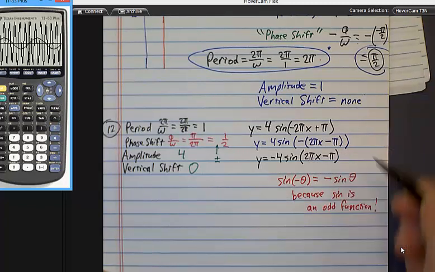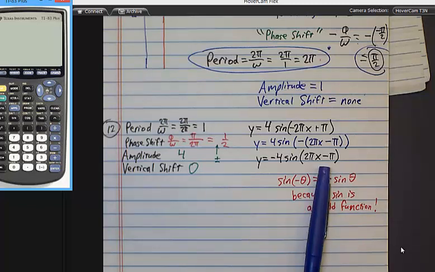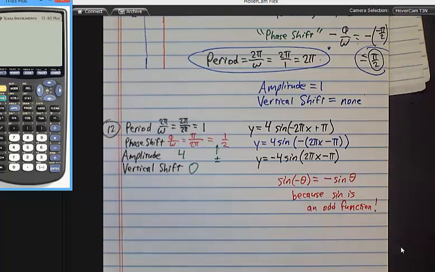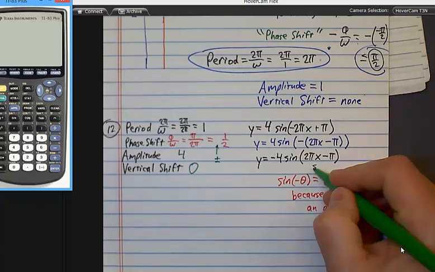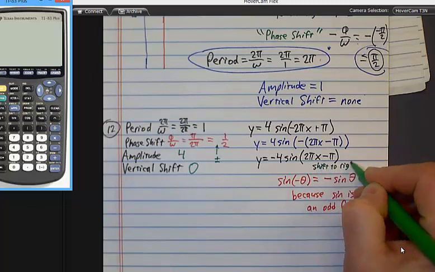Now, looking at this, do you guys think that this function is shifted to the right or shifted to the left? Well, if it says minus pi in there, that's a shift to the right. Okay? It's a shift to the right. But then this negative here is a flip.